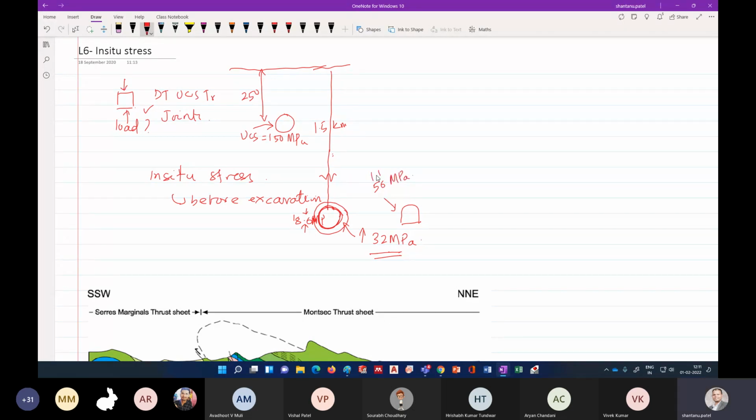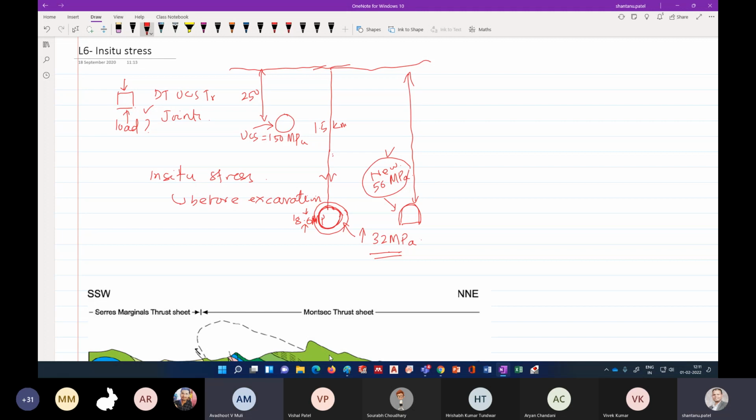Because of the excavation at the same depth, the stress changes. So this is the in situ stress plus the change in stress due to your excavation. Okay, is this clear?